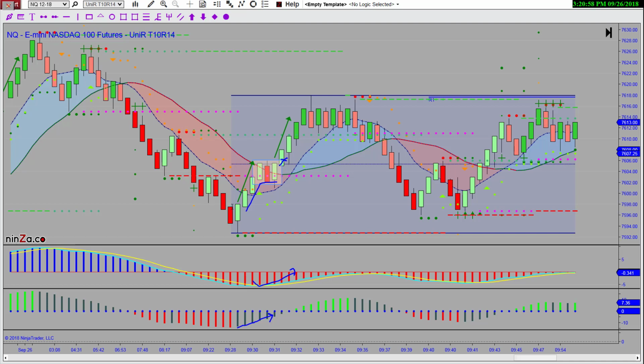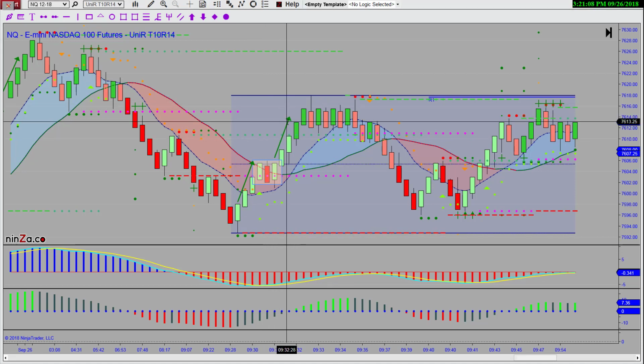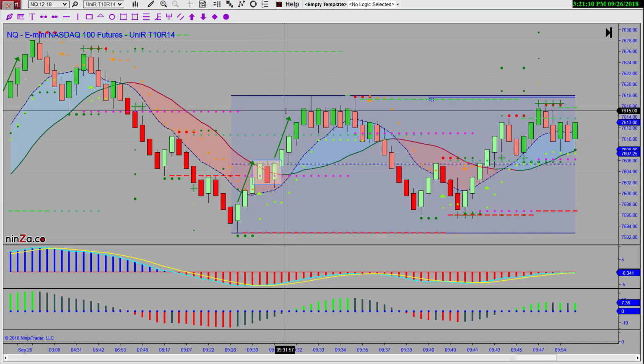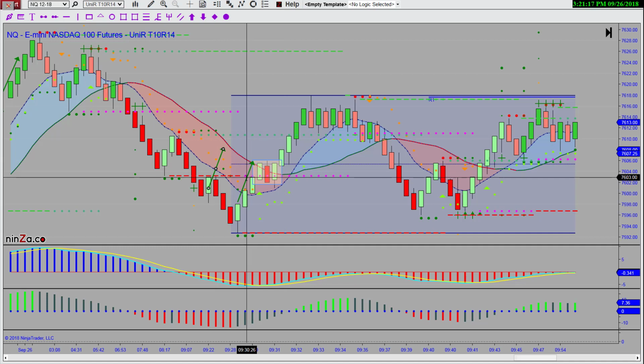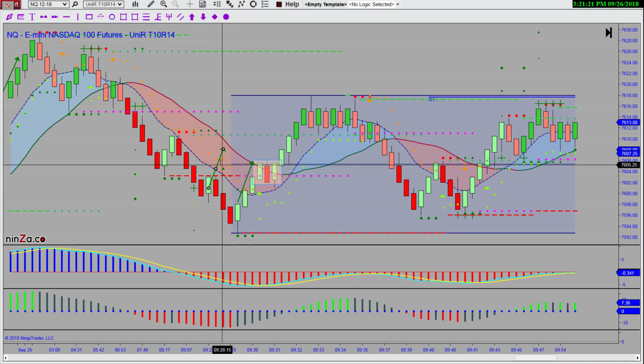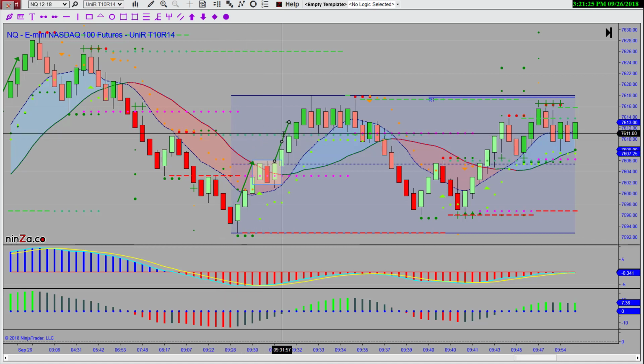And what we do is we measure from the top to top and top here. What I did is I went over here and copied it. I just created it, did a copy, paste, and then moved it to right off the top of the breakout level.